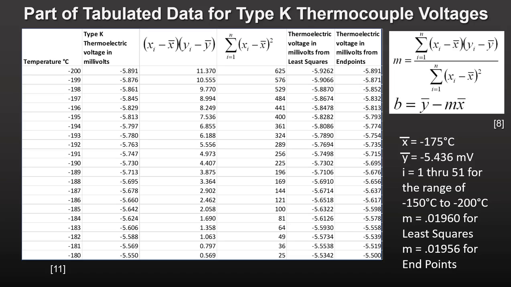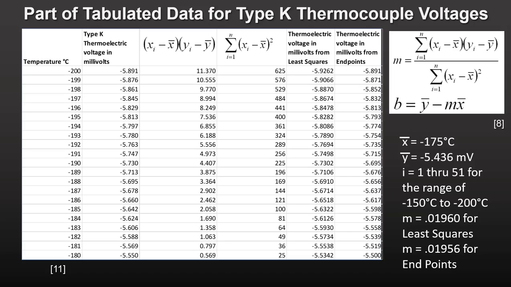For the endpoints method, we get the slope from the thermocouple data points at minus 200°C and minus 150°C. The slope is calculated by taking the difference between actual thermocouple voltages at minus 200°C and minus 150°C and dividing by 50°C. We estimate the other points on the line by adding an incremental y value to each point. For example, the thermocouple voltage at minus 200°C is minus 5.891 millivolts.